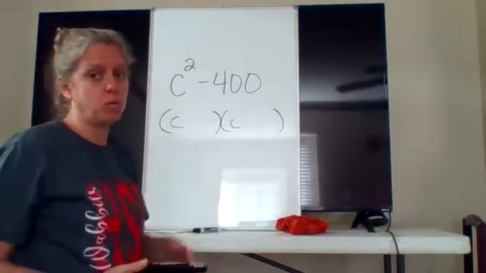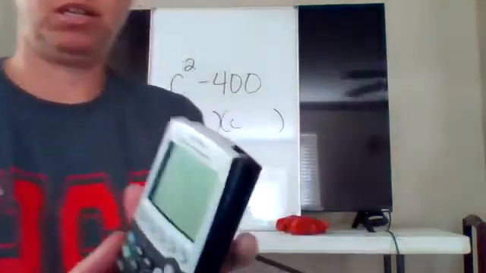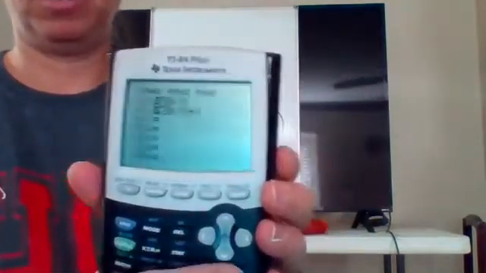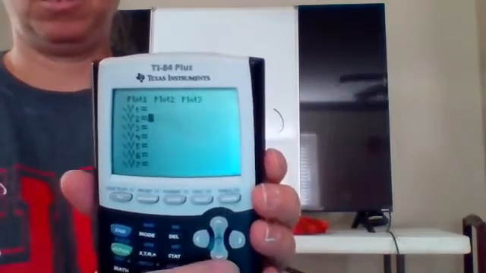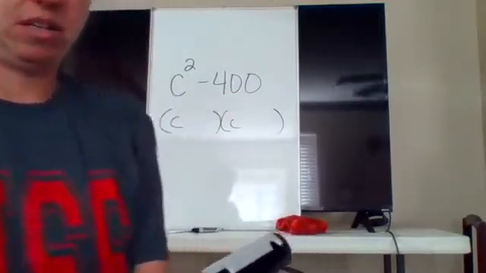Go to your y equals just like you did factoring trinomials and clear it out. And put this number in, negative 400.